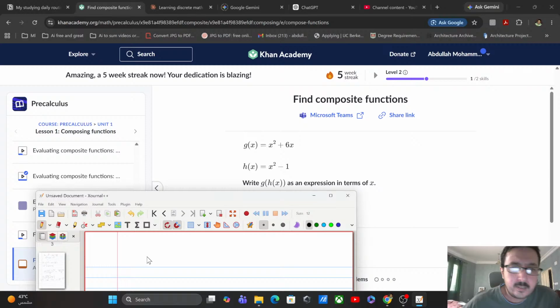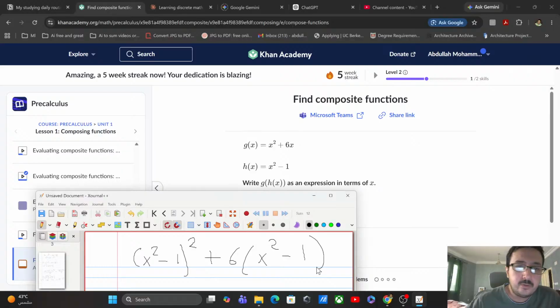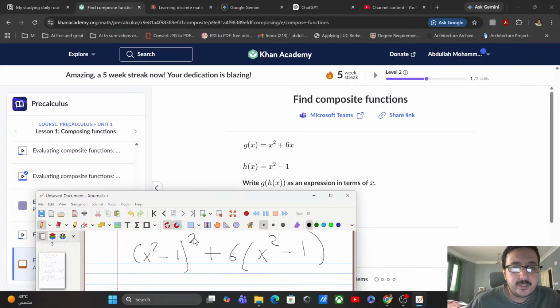I got x squared minus 1 all to the power of 2 plus 6 multiplied by x squared minus 1. 2 parts. This part I just gotta plug in.